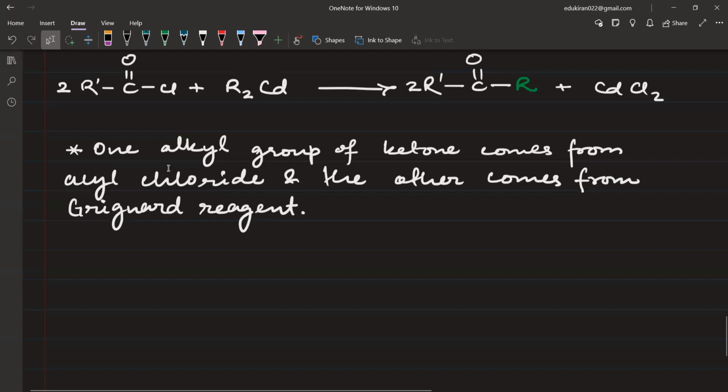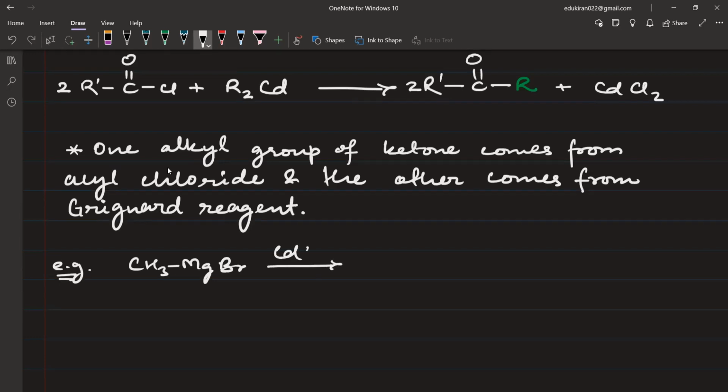Let's see a specific example now. For example, we have CH3MgBr and in the first case, we are reacting this with CdCl2. So what am I going to get? You just remember this, that wherever the CH3 is going, we have to write that product only. Don't worry about the byproducts here.